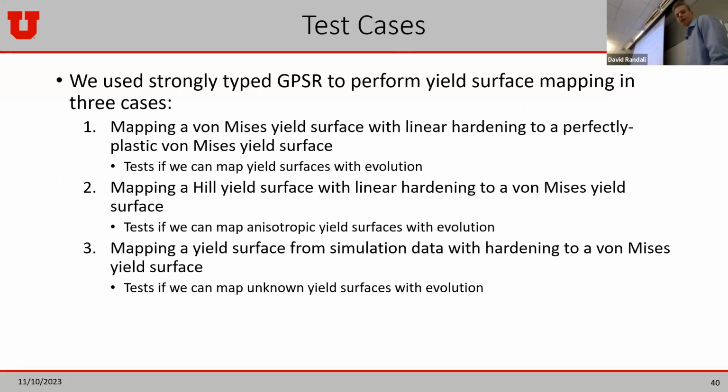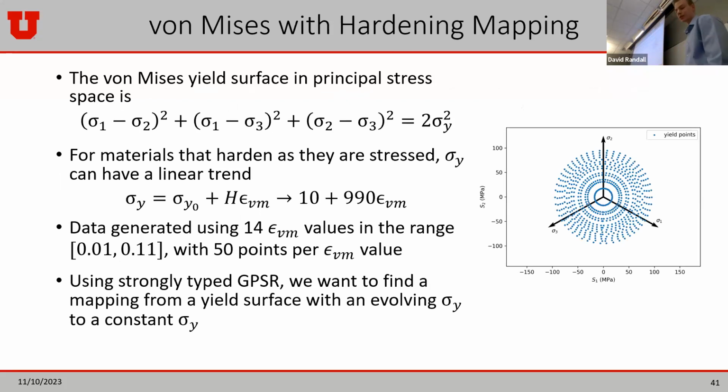So with that background information, we can move on to the three test cases that we look at. The first of which is taking a von Mises yield surface with hardening. So what that is is that cylinder we saw before. If we were to look down onto the 1, 1, 1 vector, then we would see a circle, and a von Mises with hardening yield surface will basically have that circle expand with respect to some state parameter.